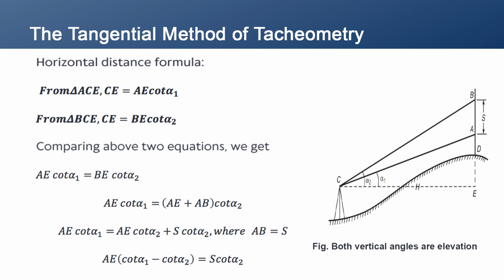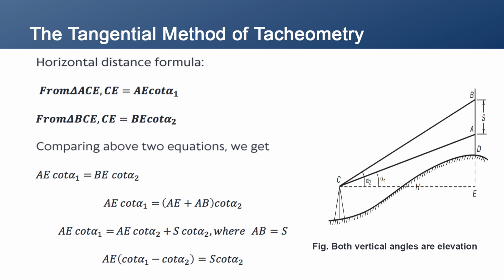From the triangle ACE, we get CE is equal to AE cot alpha 1, and from triangle BCE, we get CE is equal to BE cot alpha 2. Comparing the above two equations, we get AE cot alpha 1 is equal to BE cot alpha 2.